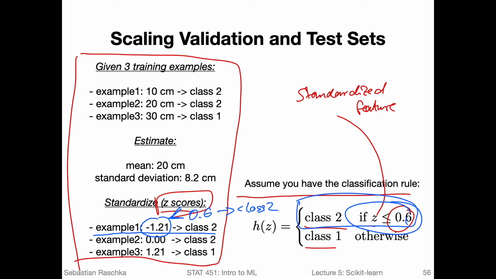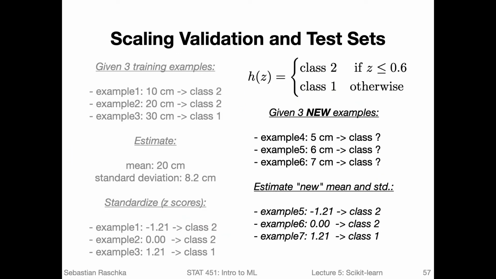Then for the second one, 0 is also smaller than 0.6, so we also assign class 2. Now, the other case where z is greater than 0.6, that is what we have here. 1.21 is greater than 0.6, so we assign class 1 here. So this is our classification rule that we learned from the training set. We just assume we have some classifier that does this type of classification.